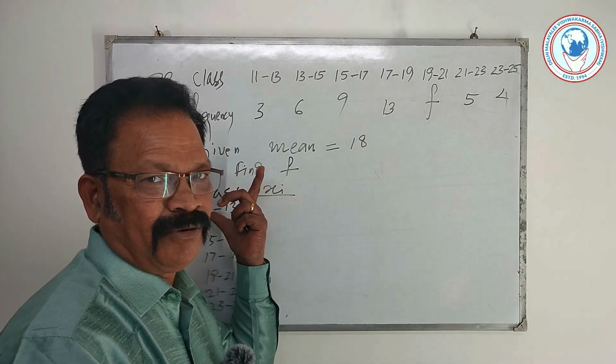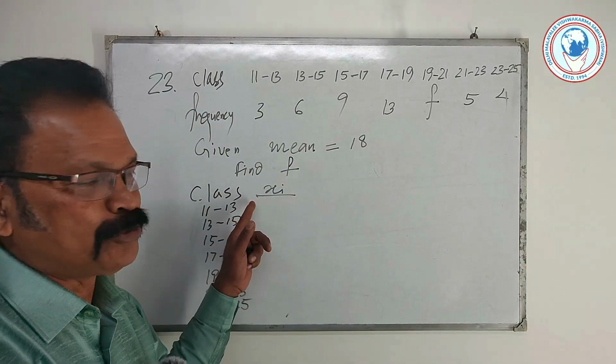Class mark is the middle value. How to find it? 11 plus 13 divided by 2.